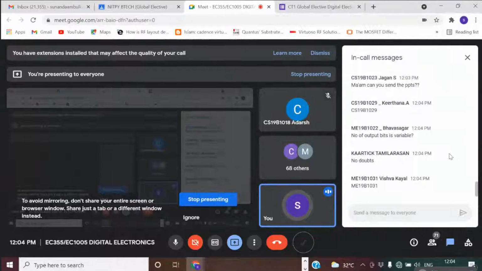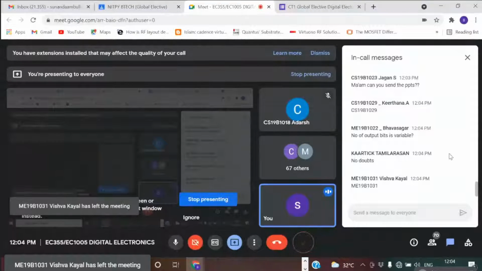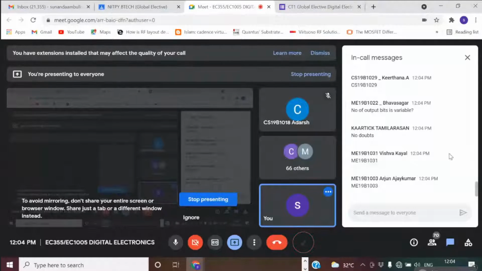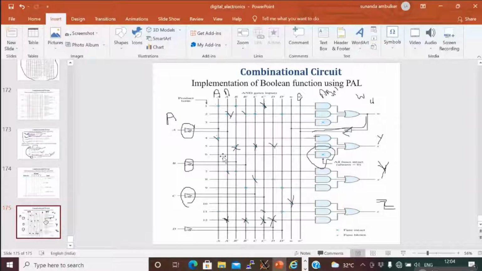Number of output bits is variable. Number of output bits are not variable. See, the number of output bits is why the number of outputs will be variable.